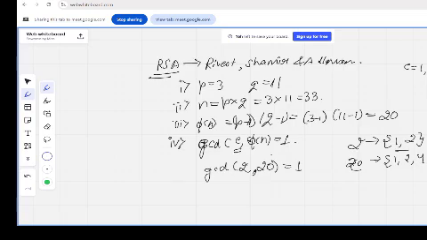Now the common parts are 1 and 2, so you can write here the common part, and we take the largest, because we are calculating the GCD, and GCD is the greatest common divisor. So 2 is the answer. Here we want 1, so we will not assume 2. We can cancel this 2.